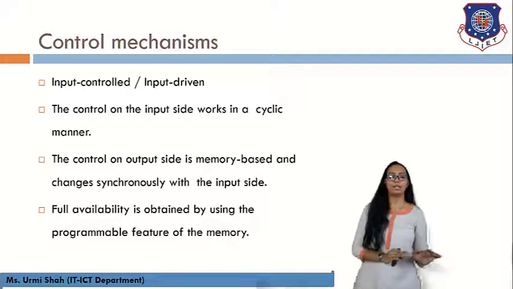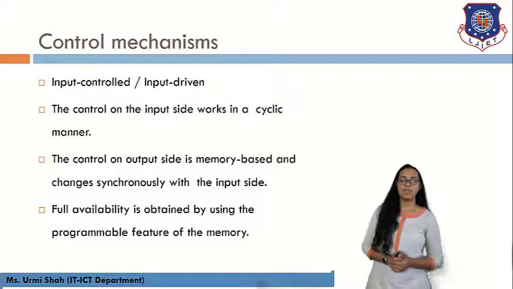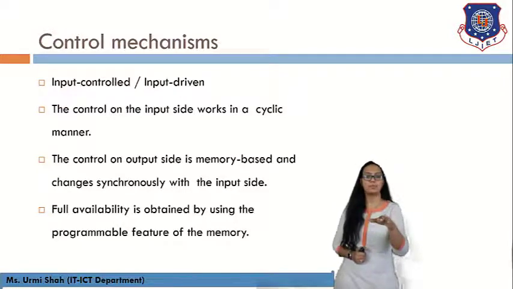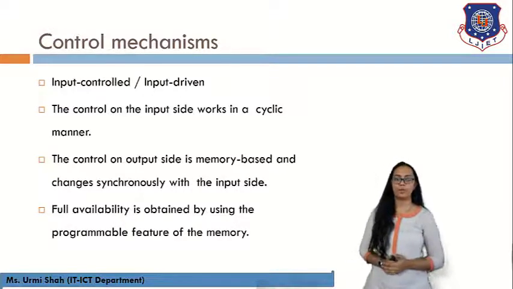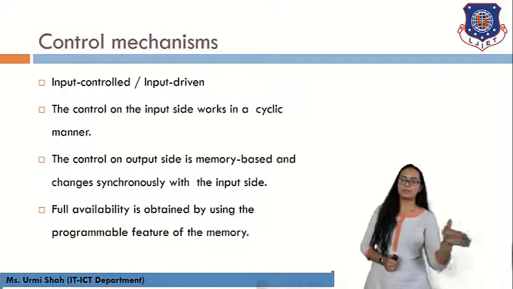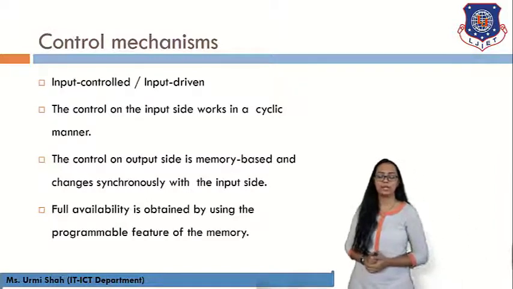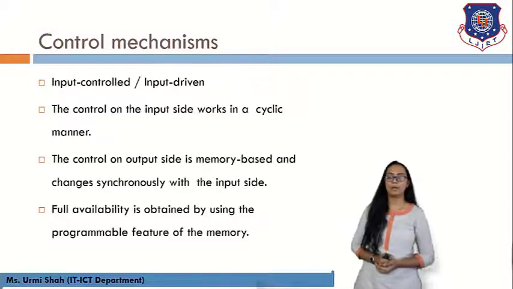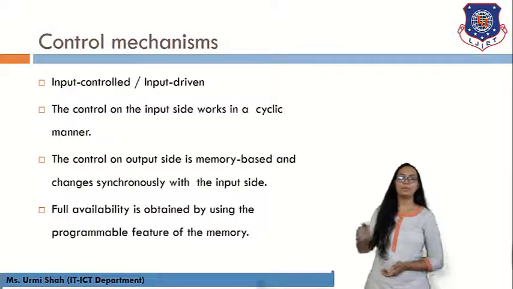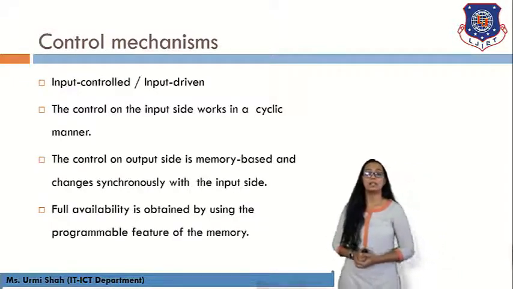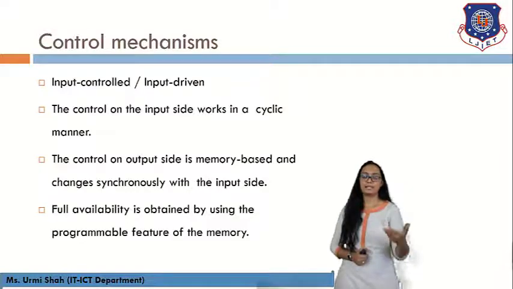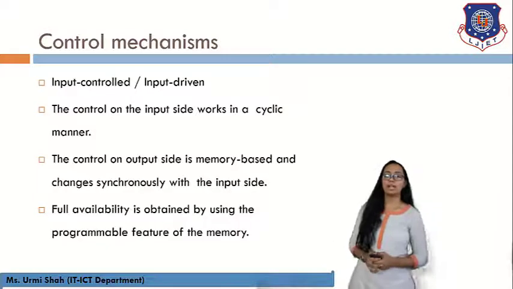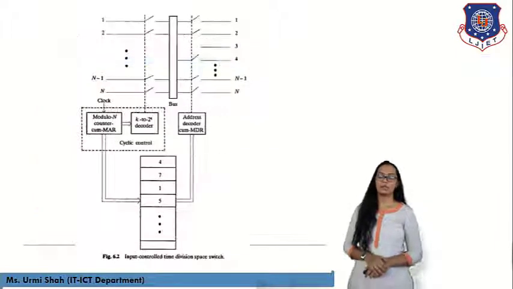So that programming is done, and based on that the memory is programmed that for specific data, specific page only will be occupied, and for rest of the data this much space will be occupied. So based on that the data is saved in programmable memory. So programmable feature of memory is used over here to access full availability of memory. So this way the control mechanism works.